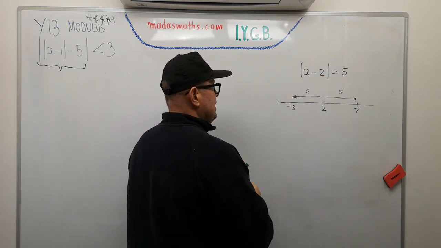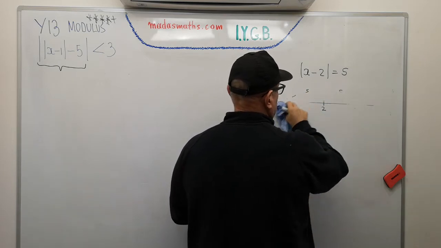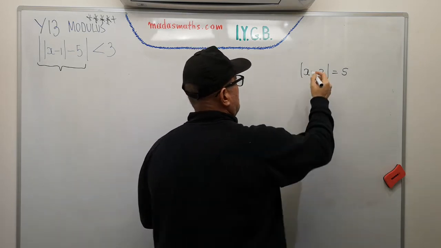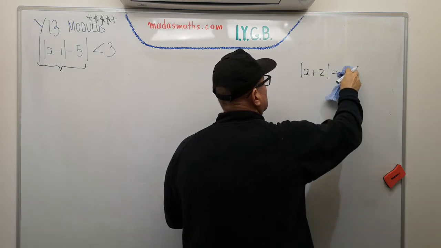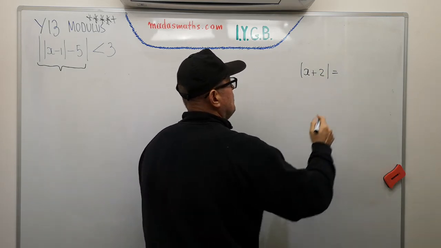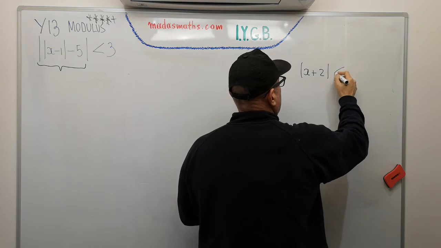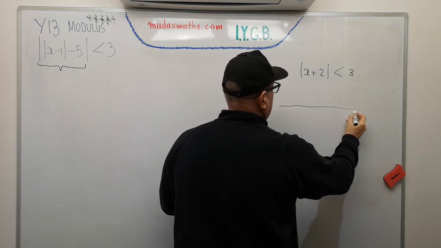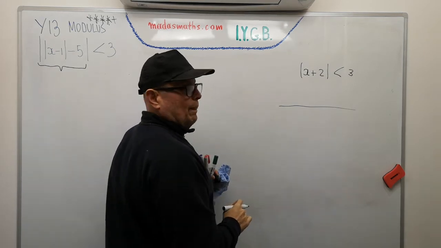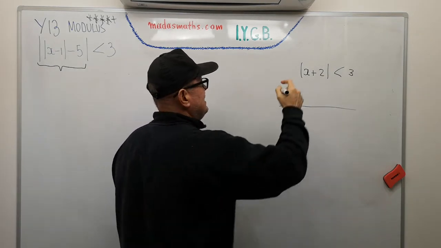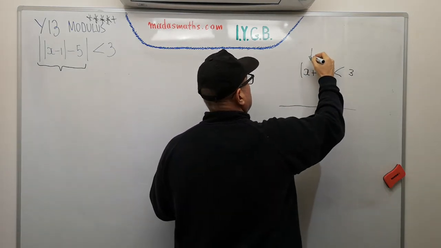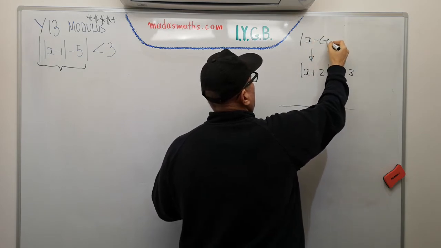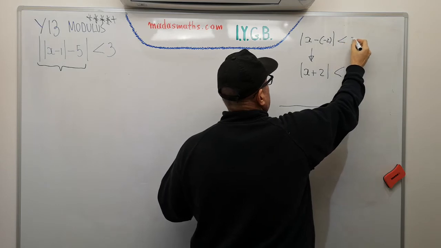Okay, what does it actually mean if we put an inequality? For example, let's change the numbers a little bit, and we put a plus there, and we put, for example, is less than 3. Again, this is some kind of difference, but we've got a plus, so it's not really a difference. We need to think of that as the modulus of x minus -2 is less than 3.